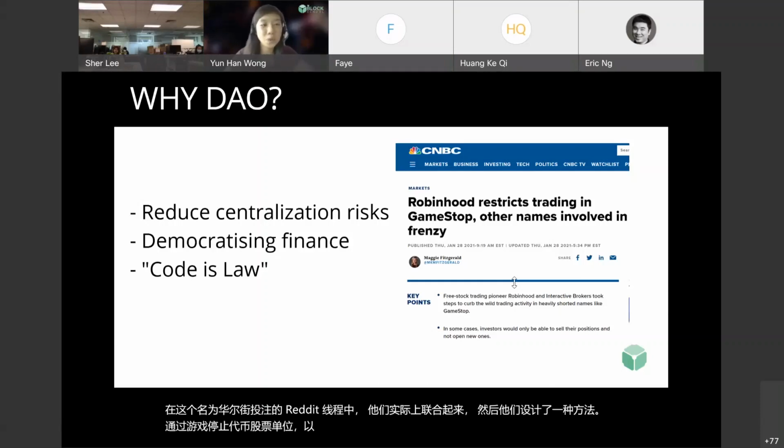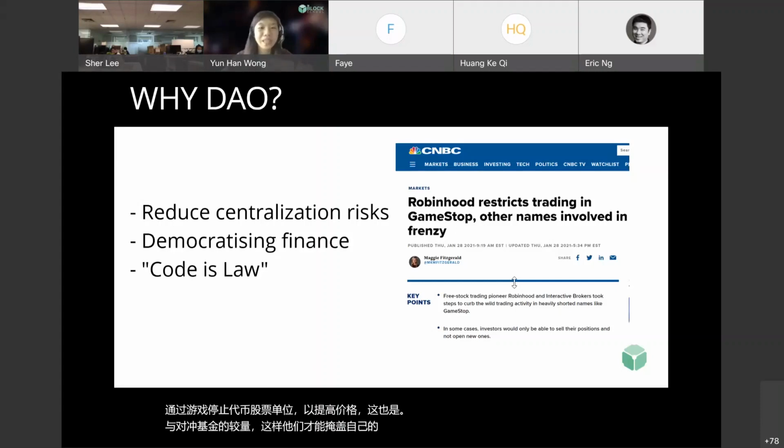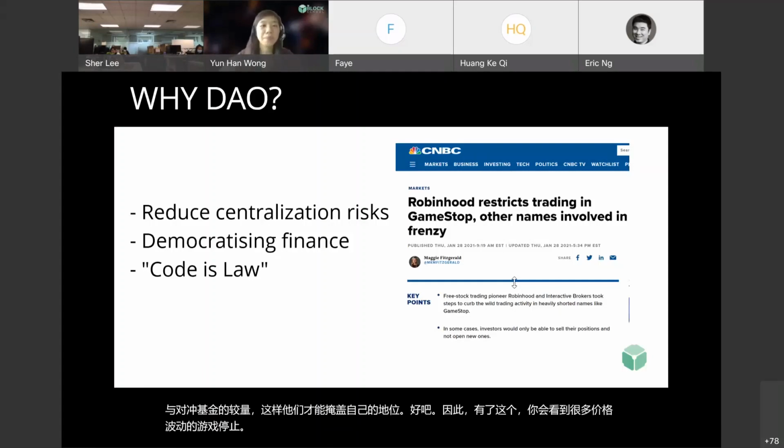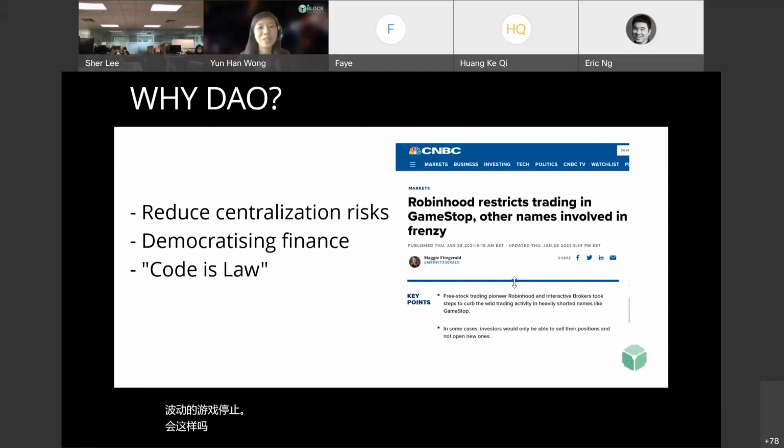And this is to battle against the hedge funds so that they will cover their positions. With this, you see a lot of price fluctuation in GameStop stock. What happened? Robinhood, which is the stock exchange, a place for you to trade stocks, actually suspended trading for GameStop stock because of the volatility in the price.